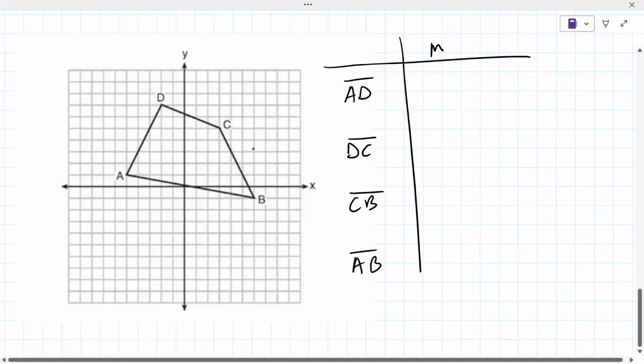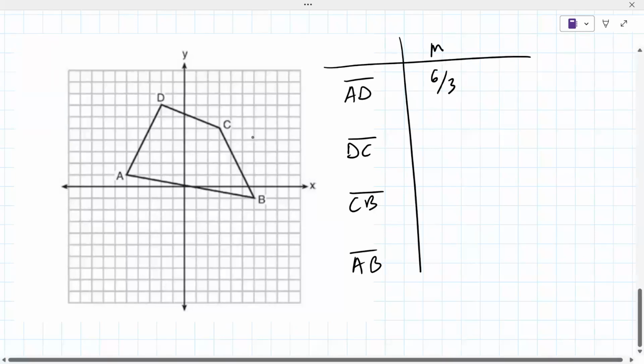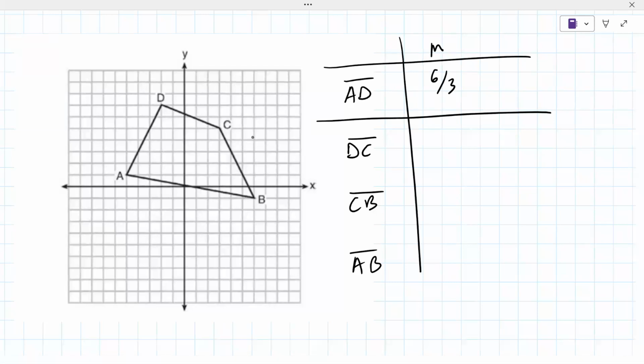Okay. AD would be 6 over 3. Okay. DC would be -2/5.